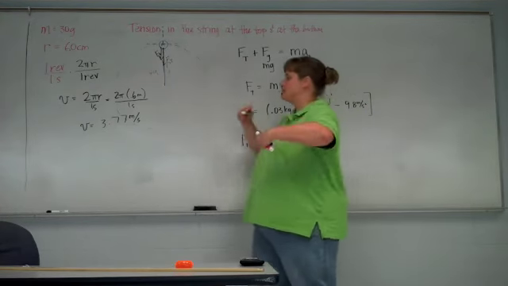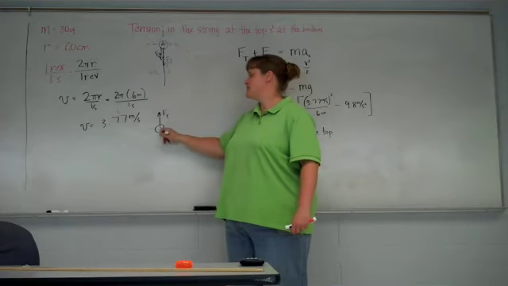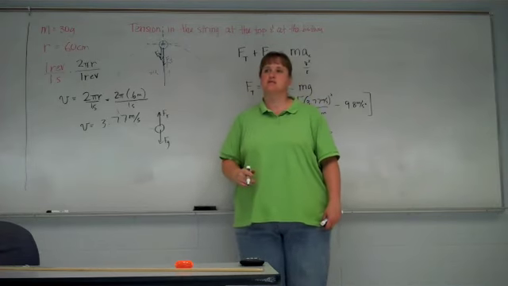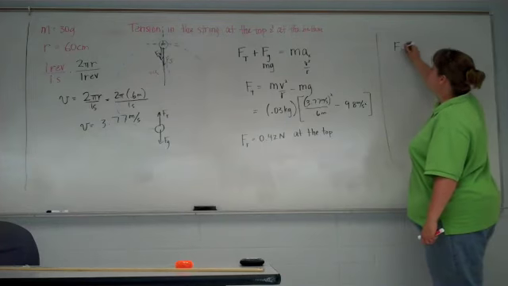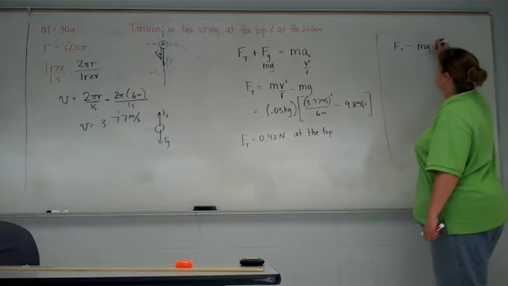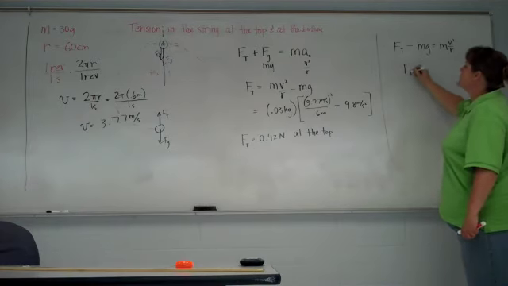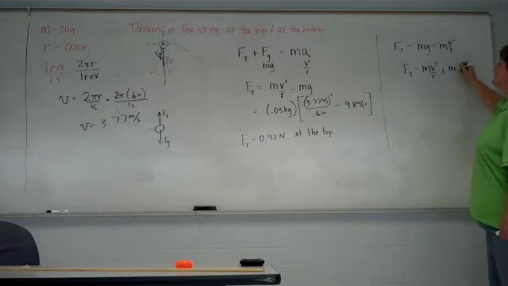Right, at the bottom, the tension and gravity are in opposite directions. So at the bottom, we're going to have force of tension minus mg equal to mv squared over r. So force of tension will be mv squared over r plus mg.